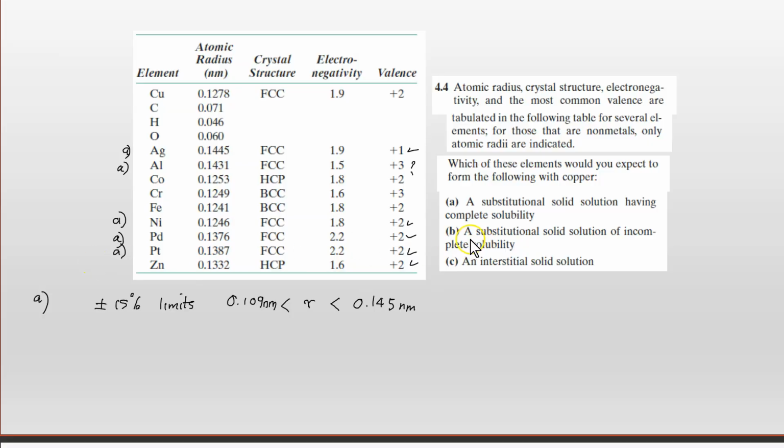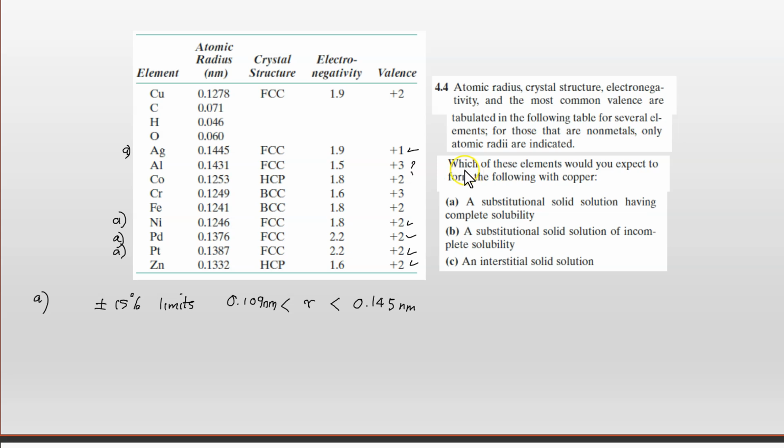Okay, let's have a look at the next one. A substitutional solid solution of incomplete solubility. So we would expect, well, I'll put A for the solutions to part A, and I'll remove this one here. Okay, we're not sure because it has a higher valence.